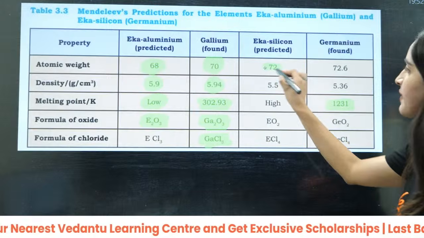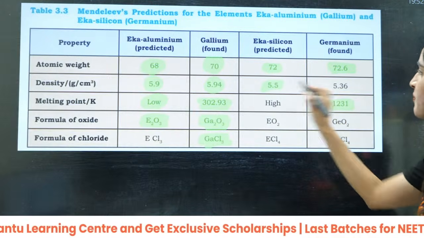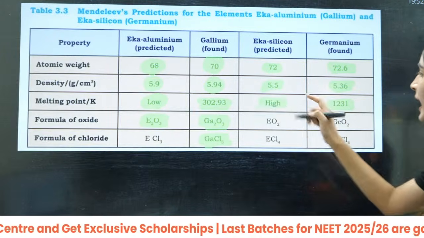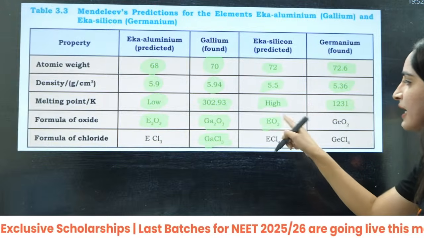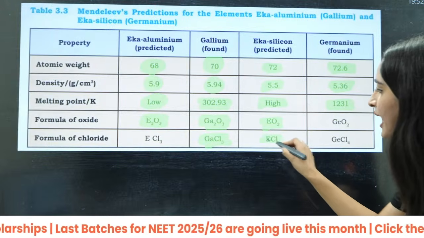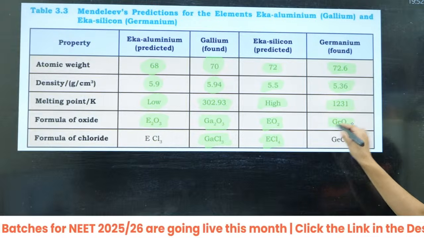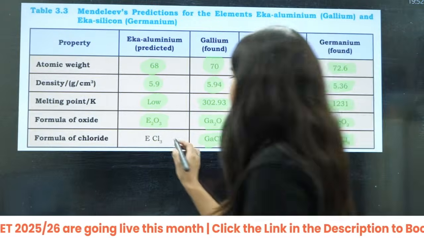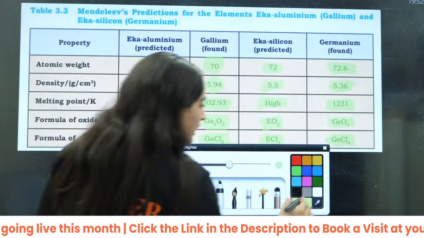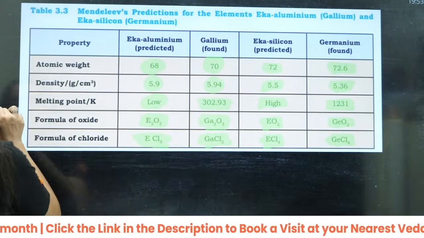Then predicted was 72, it was 72.2, 5.5, 5.36, high, and that was high. Oxide formula is EO2 and the halide formula is ECl3, and same was discovered here, and this is very, very important. These two things are very important.